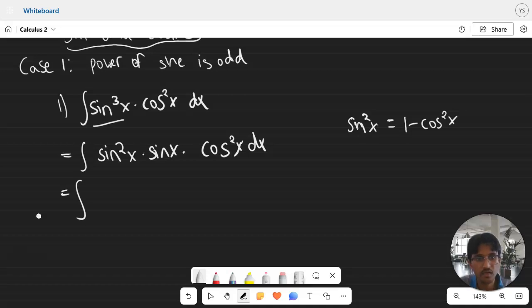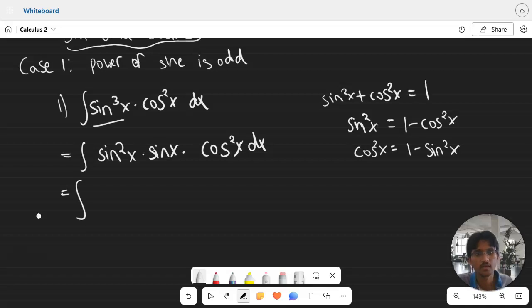If you have not come across this formula, please do write these formulas down in your notebook. As we know, sine square x plus cosine square of x equals 1. That's how we get these two formulas from this one formula. If we subtract cosine square from both sides, we get the first formula, and if we subtract sine square of x from both sides, we get the second formula.